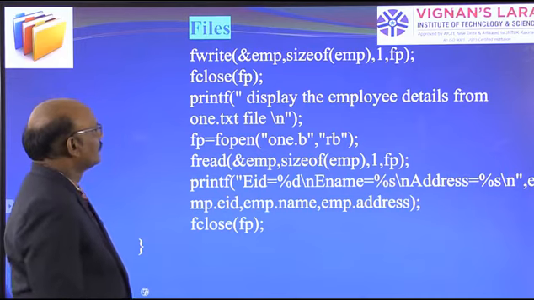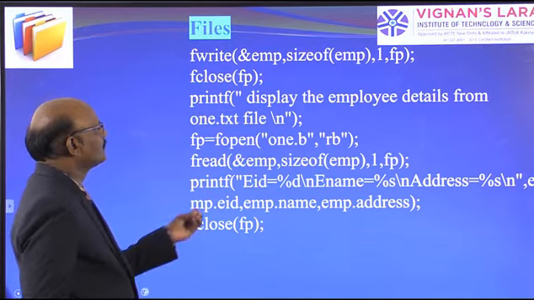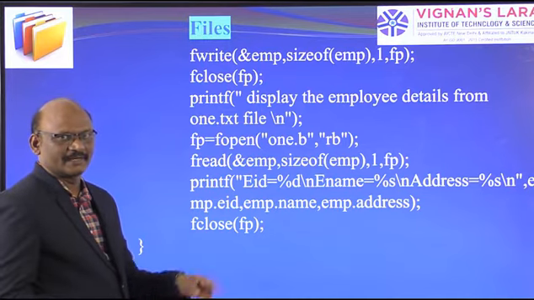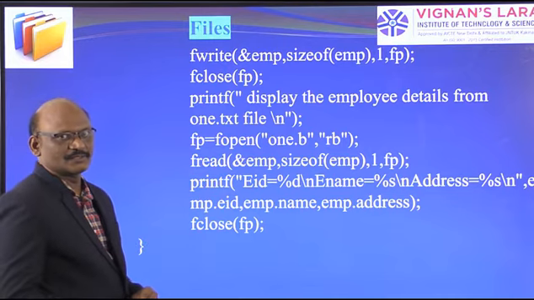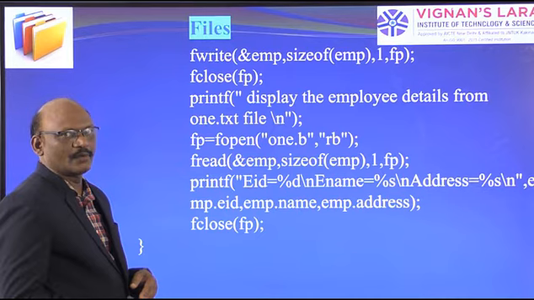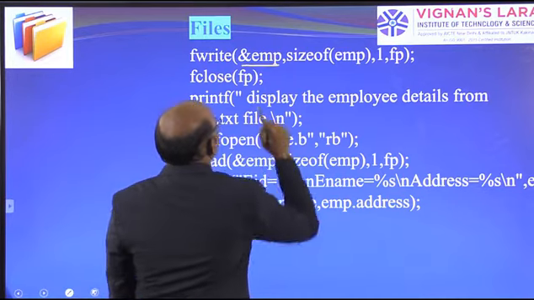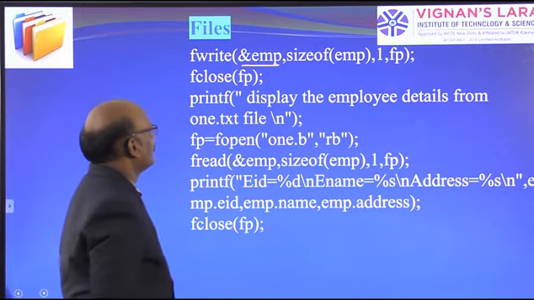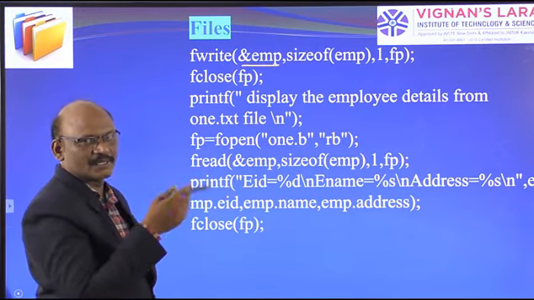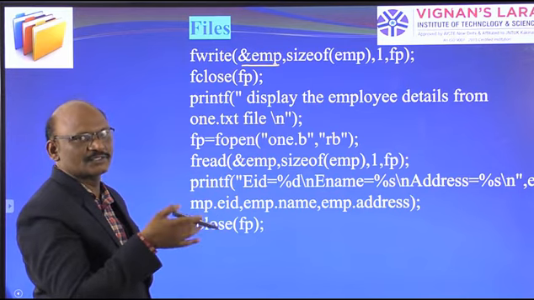Now what I want to do is write the employee data into the file. After reading one employee's details from the keyboard, I want to write those details into the file. Here the buffer is &emp. It is a pointer, and a pointer stores the address.